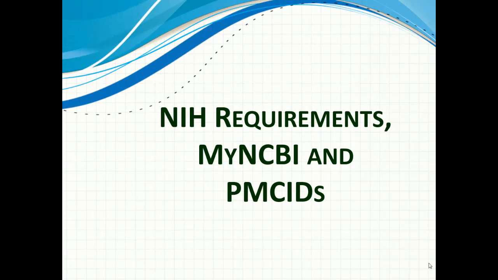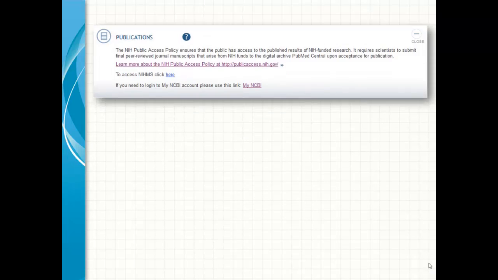NIH requirements using MyNCBI and PubMed-CIDs. Since the NIH no longer allows manual entry publications into ERA Commons, they have provided links to the places in which you should be entering your publications, either through a PubMed search, manually entering them, or beginning the submission process in NIH Manual Submission System. MyNCBI has tools to help you track the publications and keep them compliant with NIH policies.